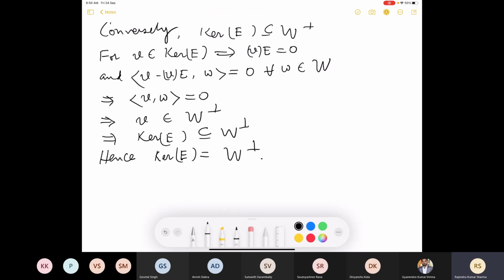And finally, we have proved almost everything, except the direct sum. So let me do that also.